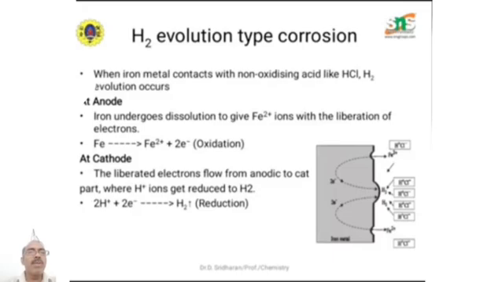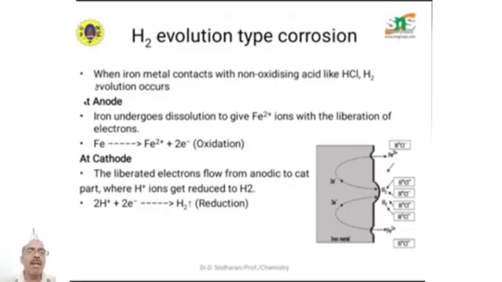The hydrogen evolution type corrosion. Here, when iron metal contacts with a non-oxidizing acid like hydrochloric acid, the metal reacts with the HCl. It releases hydrogen gas. It behaves as an anode and cathode.